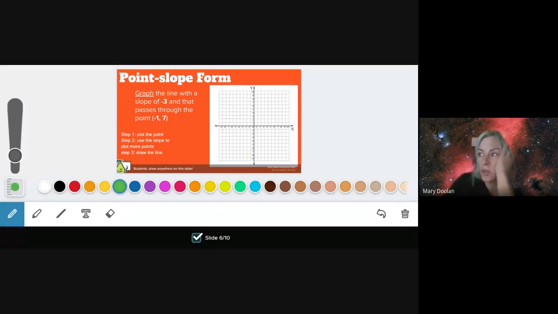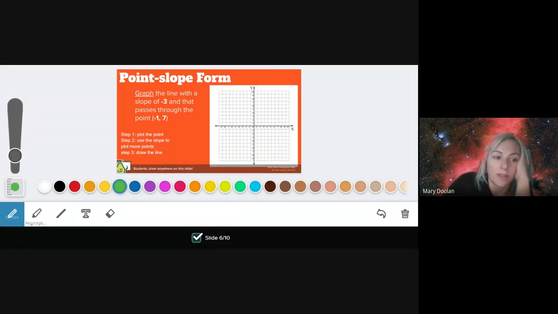Okay, so as you guys are working on this, I'm noticing that some of you are not plotting our initial point in the right location. Our initial point is -1, 7. All right, and so I'm going to show you exactly where -1, 7 is.